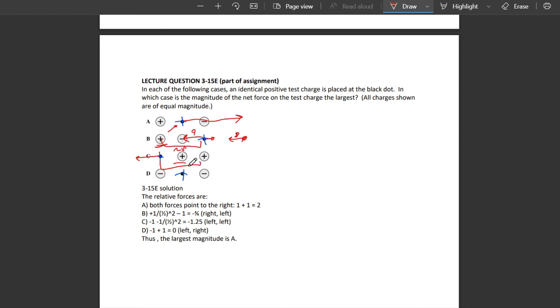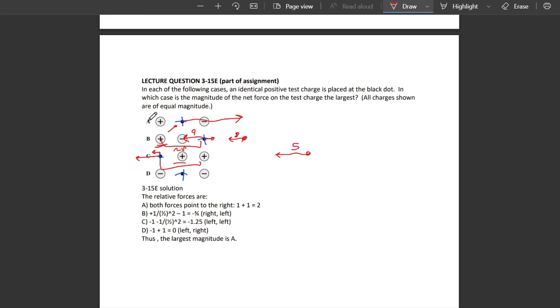This is 2r away, meaning the force acting on it is 1/4 that of the first charge. So the overall force would be greater than B, but less than A. If the force from the first positive particle is 4, and the force from the second positive particle on the test particle is 1, it would be a sum of 5 to the left.